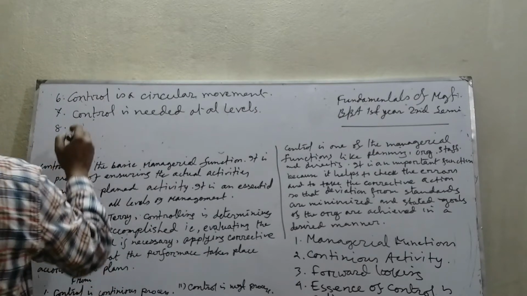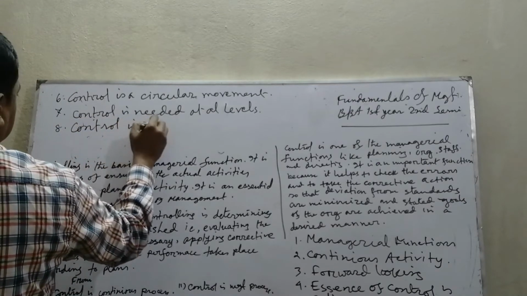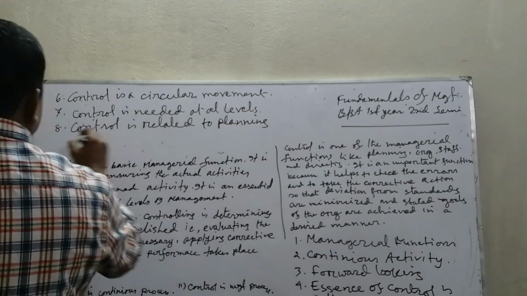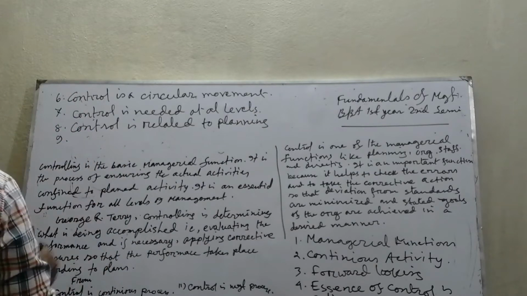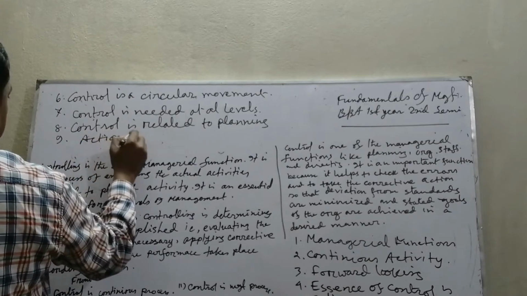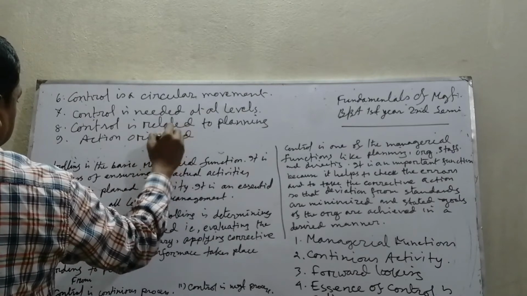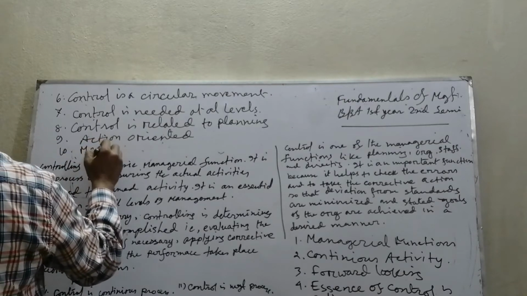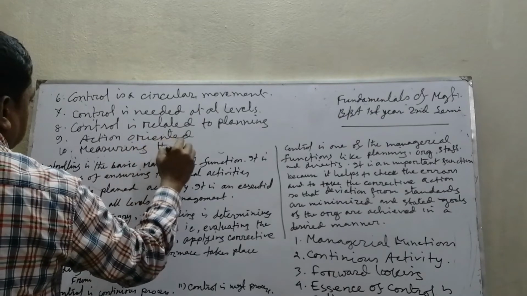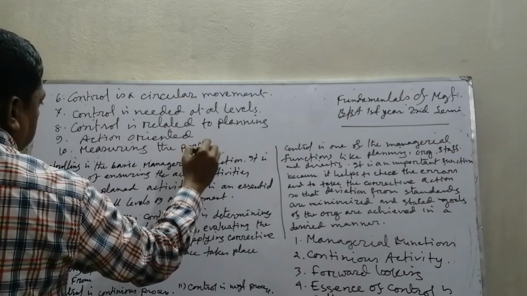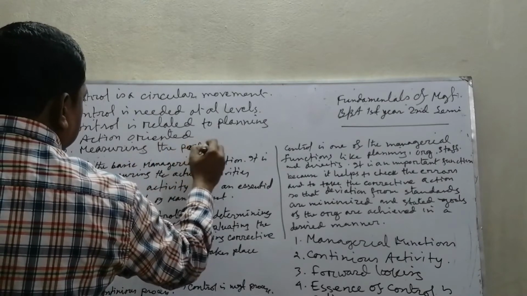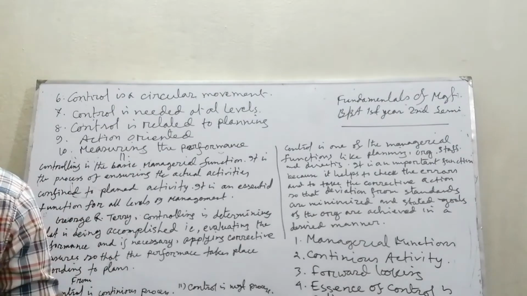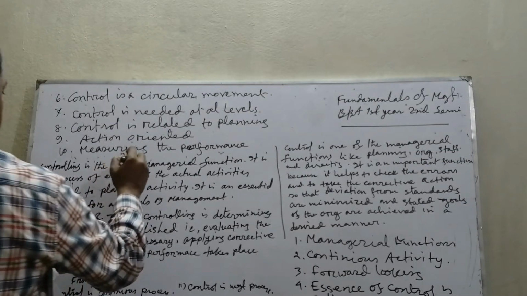Control is related to planning. And the ninth, control is action oriented. Measuring the performance. And the last one, planning and control.